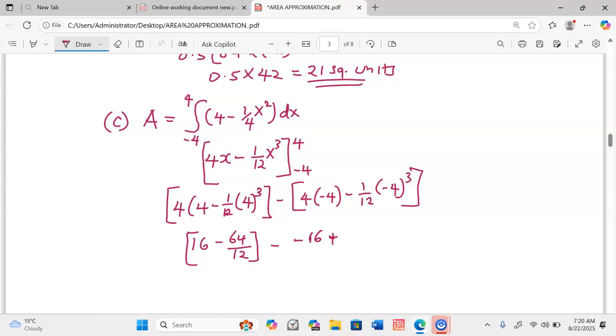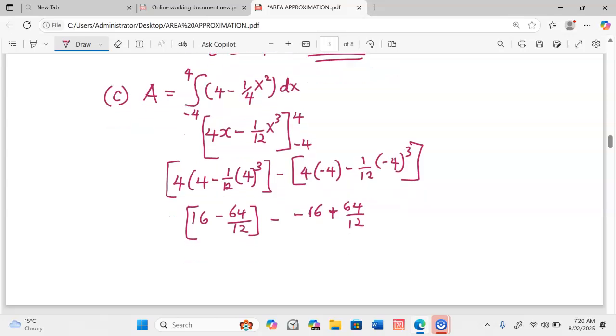and this one is going to be plus 64 divided by 12, translating to the first one will give us 10 and 2/3 minus the second one will give us exactly 10 and 2/3, and this one is going to be minus is a plus, which is going to give us 21 and a third square units.